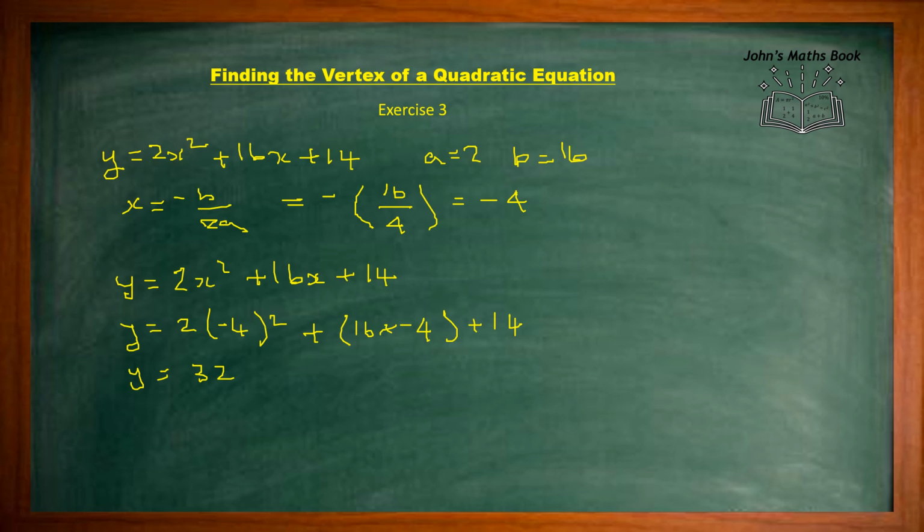And then we have 16 times minus 4, which is minus 64. That's minus 64 plus 14. So that equals 32 minus 64 is minus 32 plus 14 gives minus 18. So the x, y coordinates are x is minus 4 and y is minus 18.